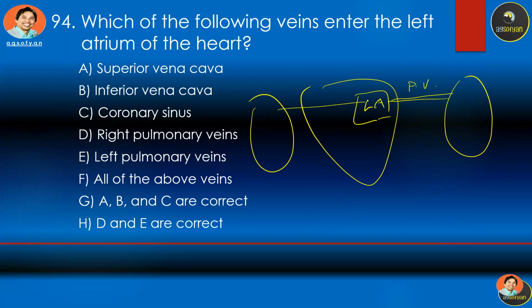There are 4 actually, 2 from the left side and 2 from the right side. This is the right lung, this is the left lung. So, right pulmonary veins and left pulmonary veins.